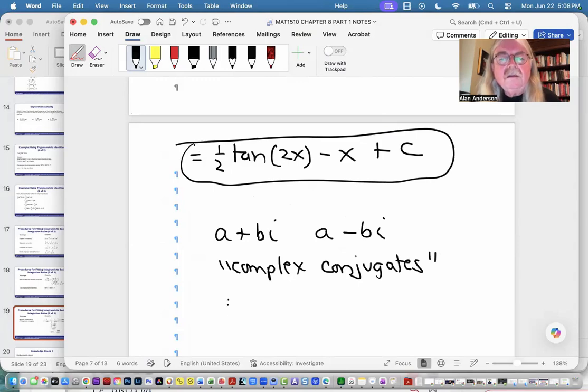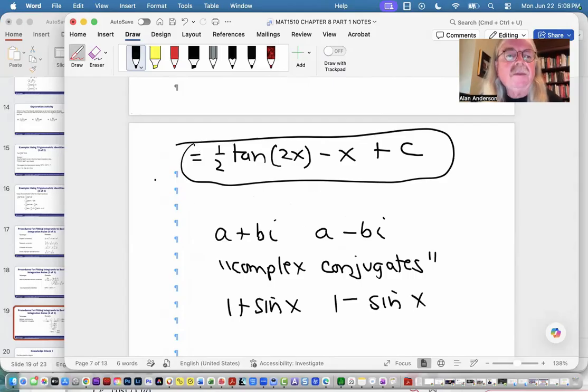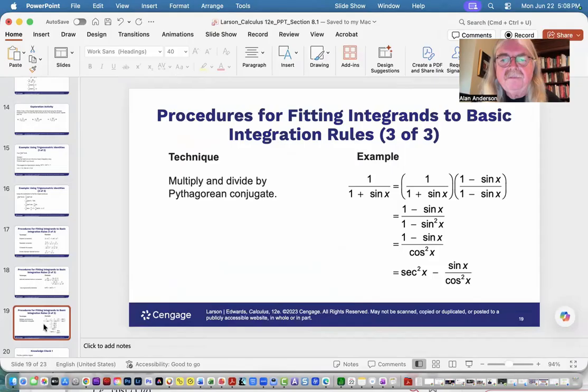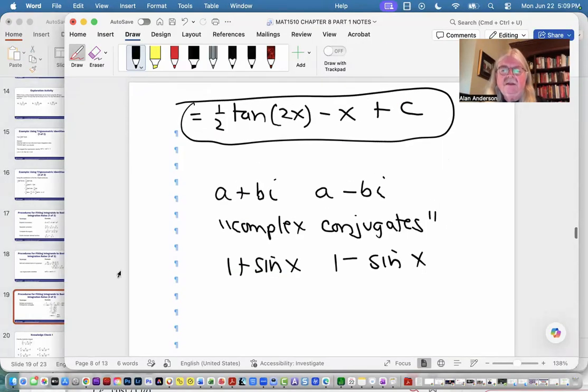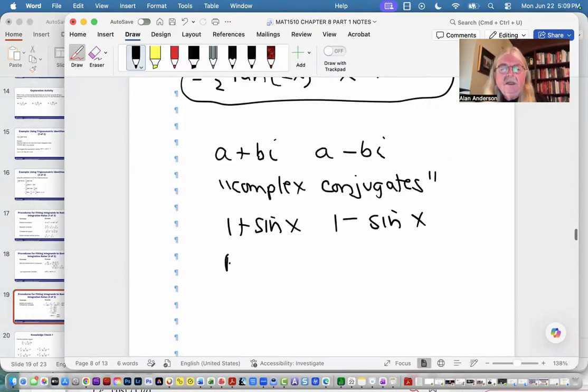So this kind of thing, 1 plus sine x and 1 minus sine x, could be considered a type of trigonometric conjugates, or they're calling them Pythagorean conjugates. So sometimes we can use that to simplify what we're doing to something more manageable.